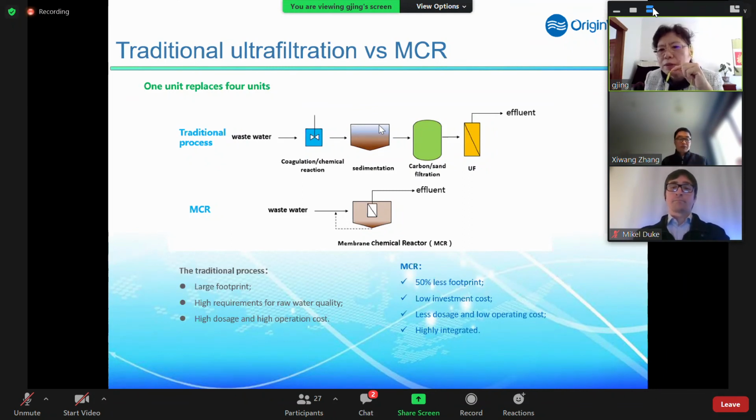Because when we use it for a different purpose, for example when we apply the technology in drinking water treatment, the condition is not very tough. So we don't have to use a very strong membrane. The PVDF membrane we developed has also been applied very well in China for the drinking water treatment process.